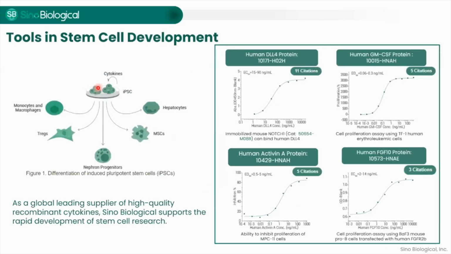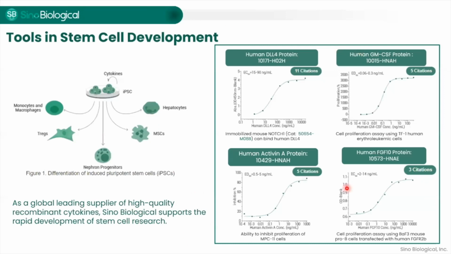We have noted that cytokines and growth factors are very essential for cell maintenance and differentiation. And as a global leader of high quality recombinant cytokines, Sino Biological is supporting the rapid development of stem cell research through its high quality products.